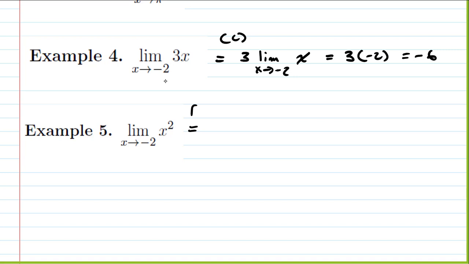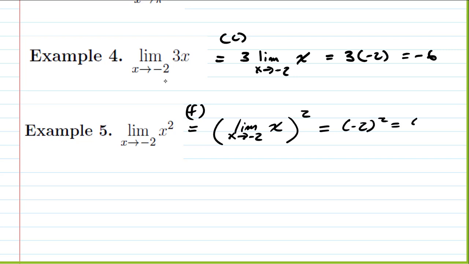This one is by property f because we have a squaring function. So this is the same as the limit as x approaches negative 2 of x squared, because we can move the limit inside the squaring because x is a continuous function. So then our limit as x approaches negative 2 of x is negative 2 squared, which is going to give us positive 4.